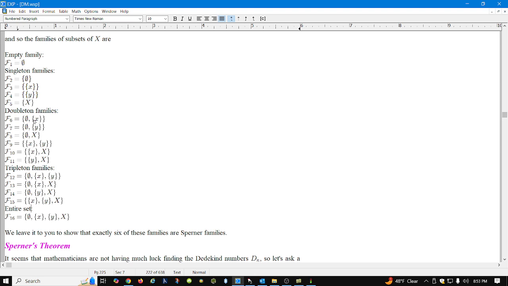It's not an antichain because the empty set is a subset of every other set. So you can immediately get rid of F6, 7, 8, and 12, 13, 14, and 16. They are not antichains.